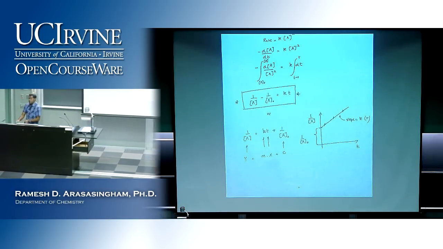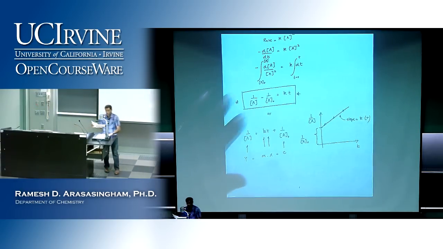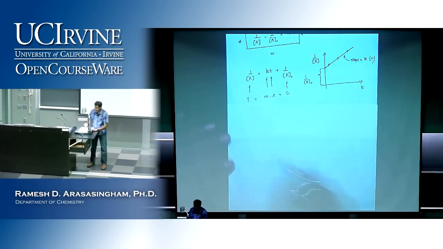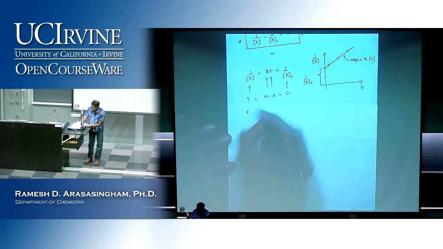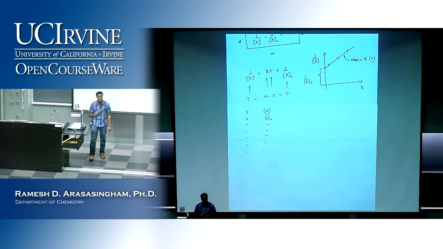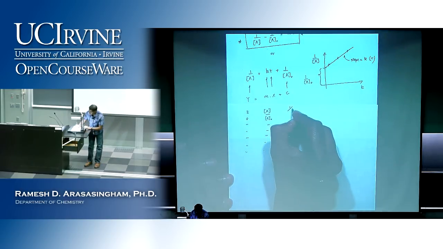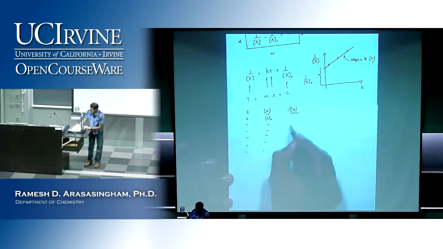So what this means is that if I were to carry out an experiment in the laboratory, and I look at different time intervals, I have different concentrations of A. At time 0, this will be the initial concentration, and then let's say at 50-second increments, I measure the concentration of A. All right? Now in your Excel spreadsheet, you take the inverse of A, and you can put those values in.